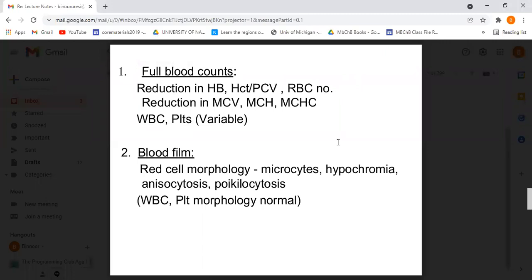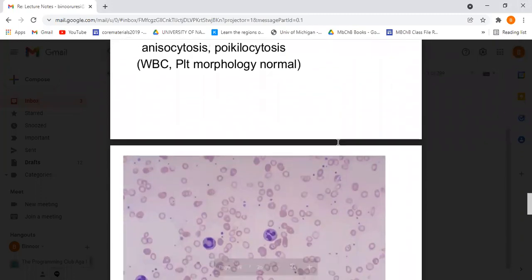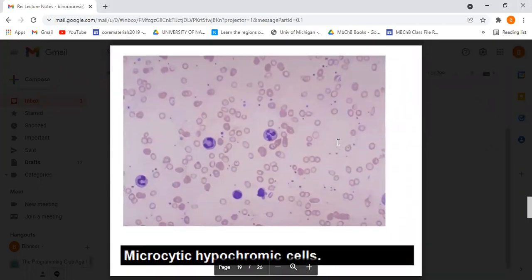Next slide. So this is how to look. If I use this as an example, those small pink cells with a central area of pallor are the red cells.